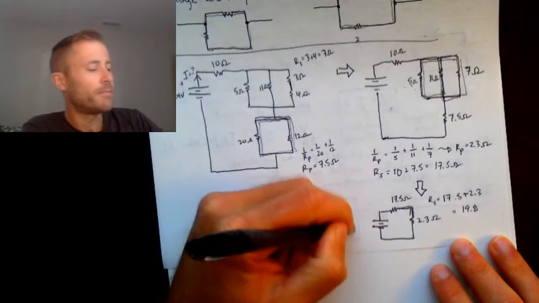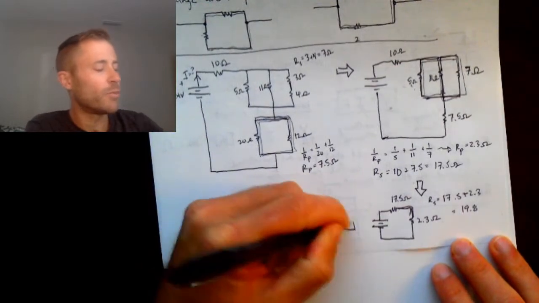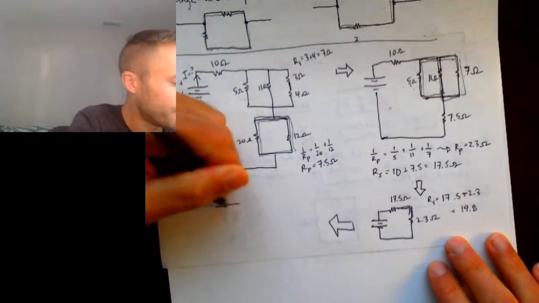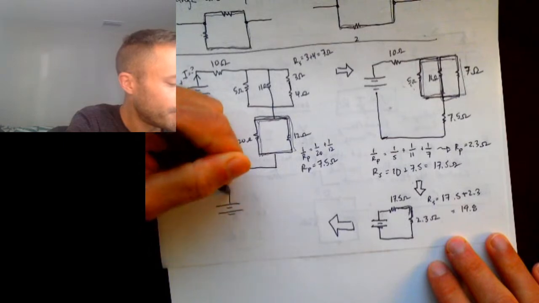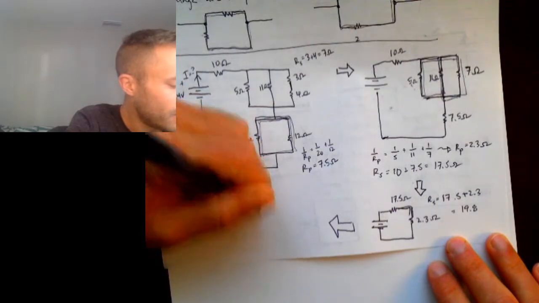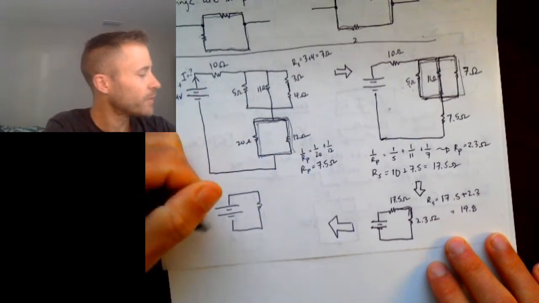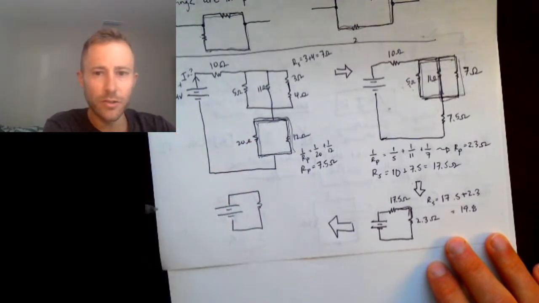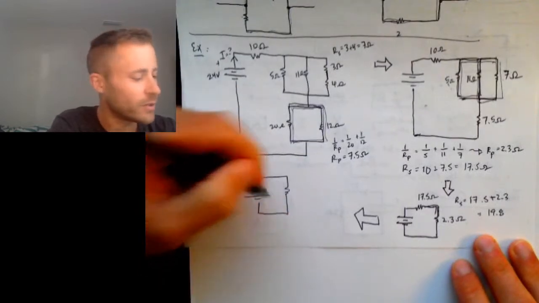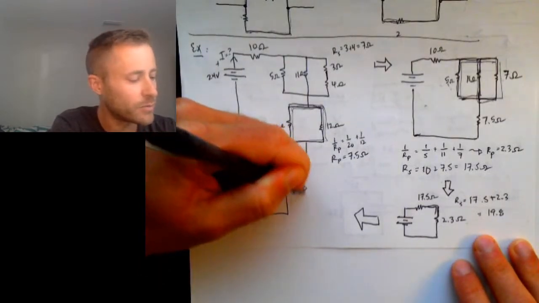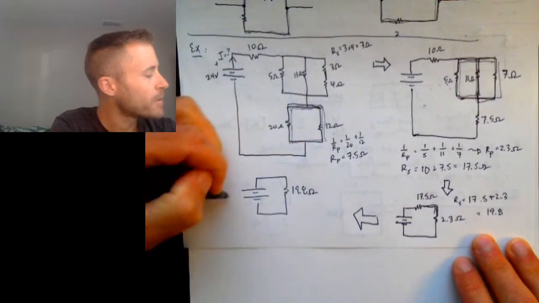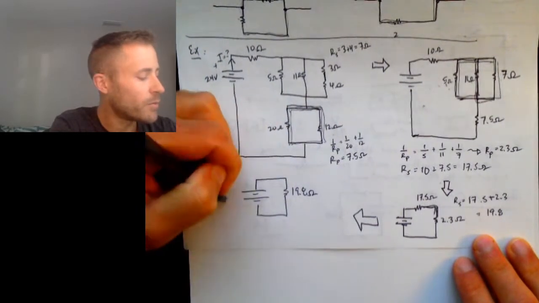So now I redraw the circuit one last time. And I see that from the perspective of the source, it sees a circuit with a resistance of 19.8 ohms. Okay, and it is a 24-volt battery.